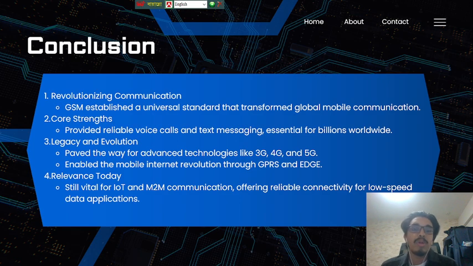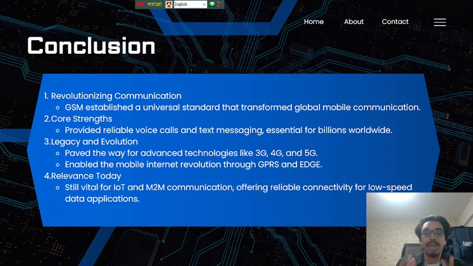We'll conclude here. In conclusion, let's talk about the impact of GSM. GSM has revolutionized communication. It established a universal standard that has transformed global mobile communication, and it provided reliable voice calls and text messaging essential for billions worldwide.